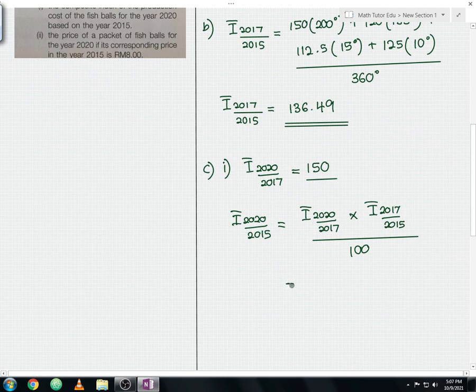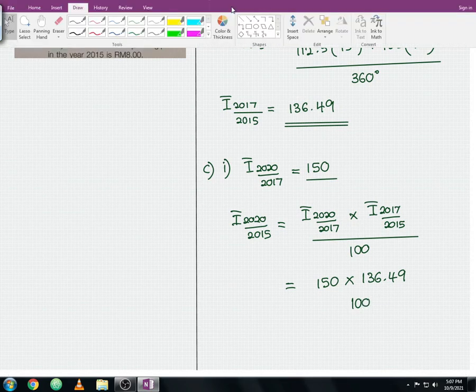From here let us include the values. For this composite index the value will be 150, and then times with 136.49, and you divide with 100. Let me underline the fraction.